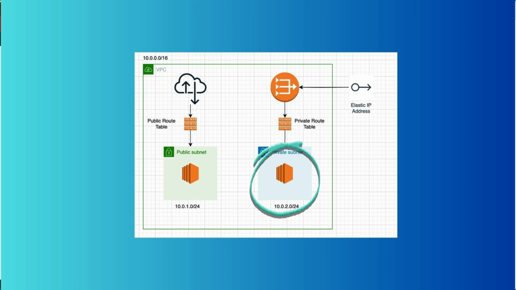Then we are going to create the route table, internet gateway, and NAT gateway, which is going to connect to the elastic IP, and then we will see the connectivity between the machines. The machine which is running in the public subnet we consider as a bastion host, and we are going to connect to the private subnet machine.